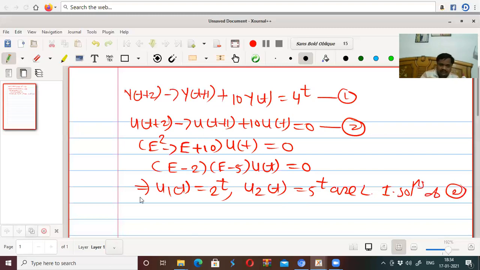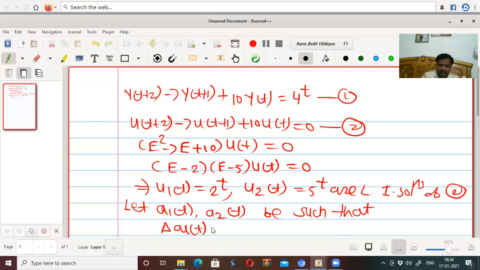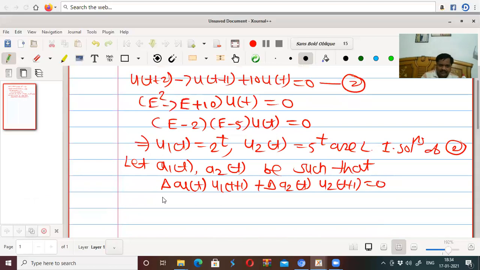Okay. Now let a1t, a2t be such that delta a1t into u1t plus 1 plus delta a2t into u2t plus 1 equal to 0, and delta a1t into u1t plus 2 plus delta a2t into u2t plus 2 equal to RT upon P2T.